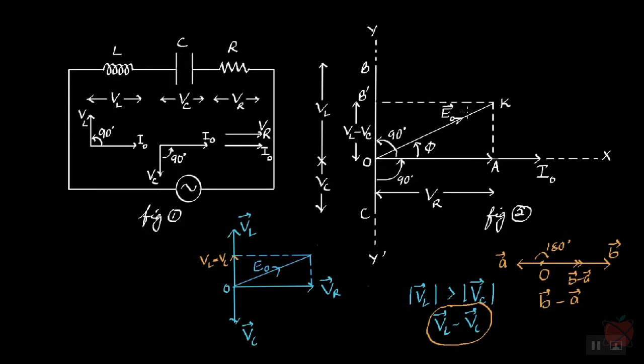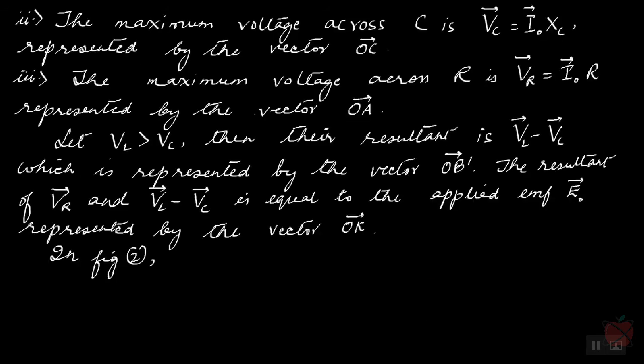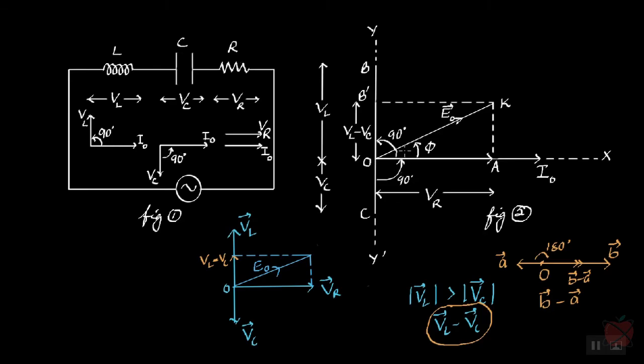All right. So now let us find the expression of E naught. So in figure 2, how do we get the value of E naught? The value of E naught means the length of the vector OK. Very simple. Since this is a right-angled triangle, we are going to use the Pythagoras theorem. Basically OK square will be equal to OA square plus AK square.